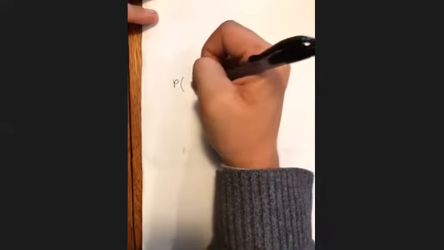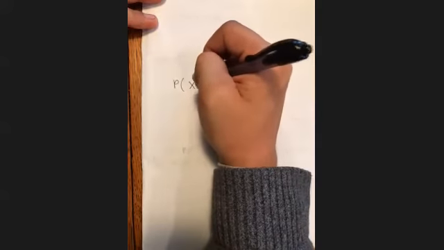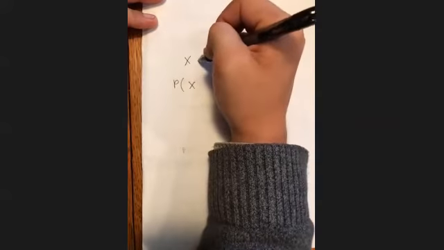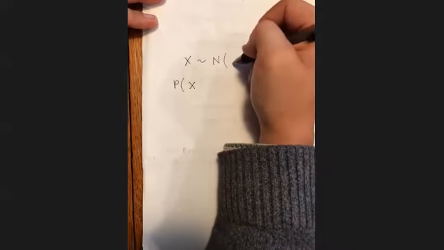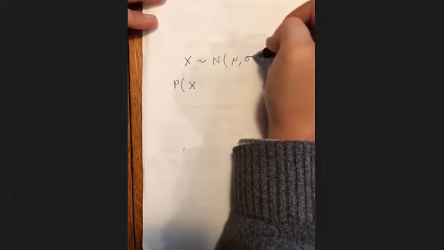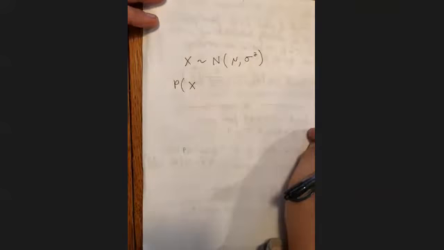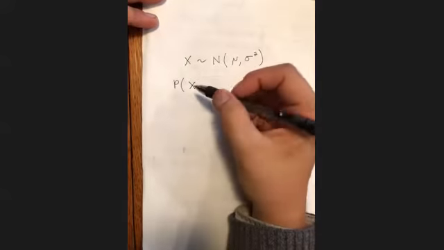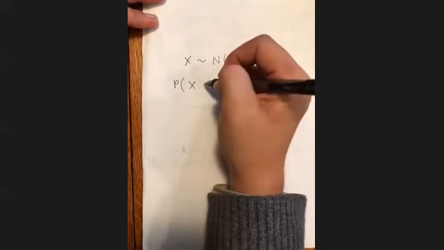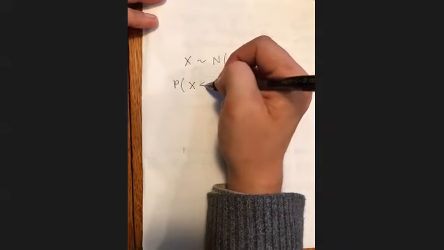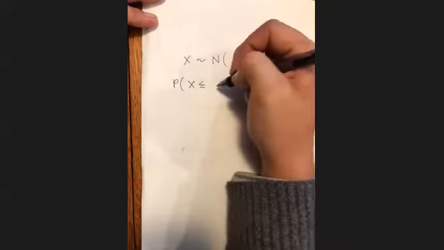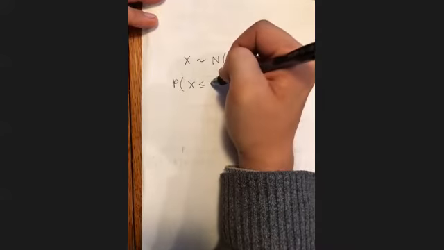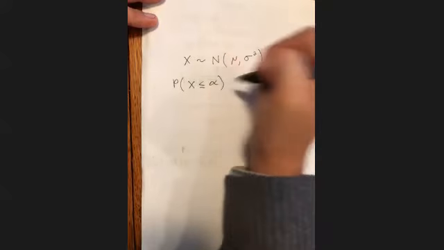We have basically three distinct possibilities. Let me just say this. We're going to say X, the random variable X, is normally distributed with a mean of mu and a variance sigma squared. So three possibilities. We can first compute the probability that the random variable X is less than some value. I'm going to call it alpha. Okay.